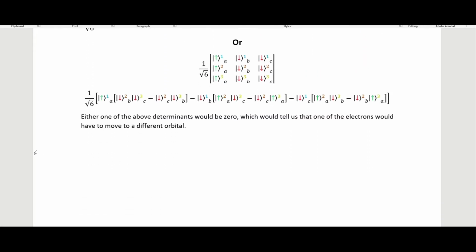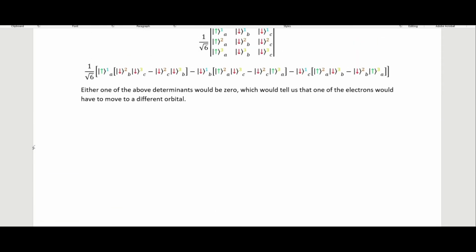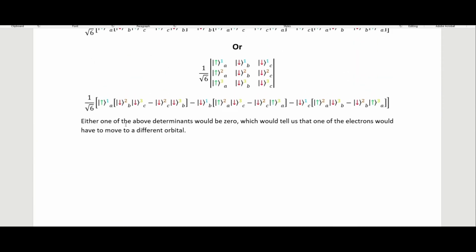The take-home message here is that either one of these determinants would be 0 if two of the particles are spin up and one down, or if one is spin up and two down, which would tell us that one of the electrons would have to move to a different orbital.